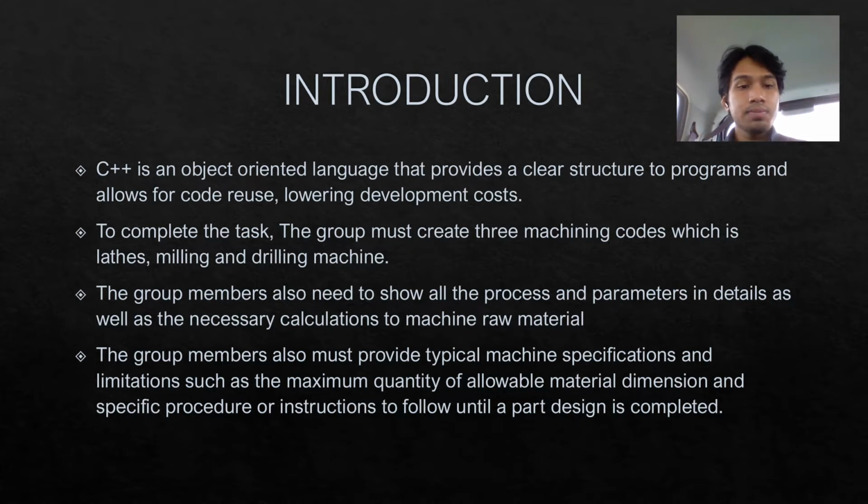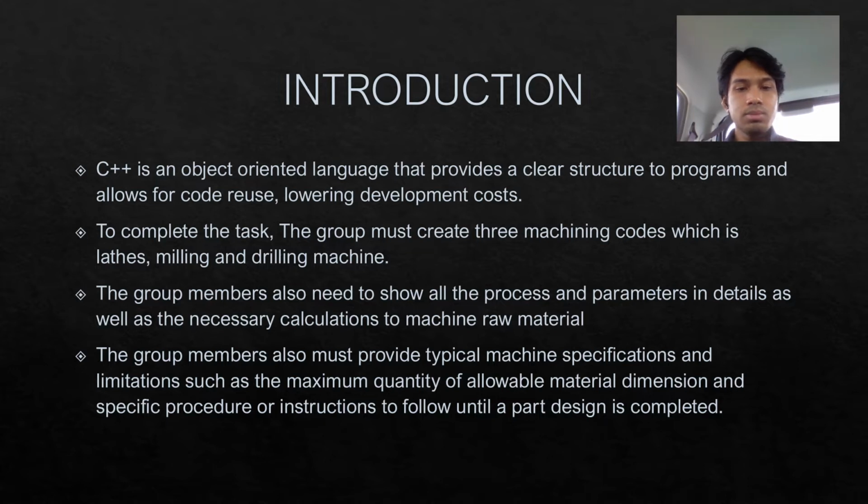Besides that, the group members need to show all the process and parameters in detail as well as the necessary calculation to machine raw material. Total part machining time, total energy consumption, total operation cost, by-product or solid waste output in kilograms, and anticipated productivity per 8 hours of work must be included in each program analysis for milling, drilling, and lathe machine.